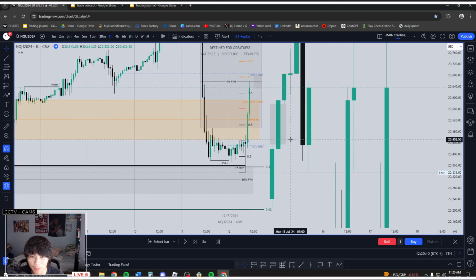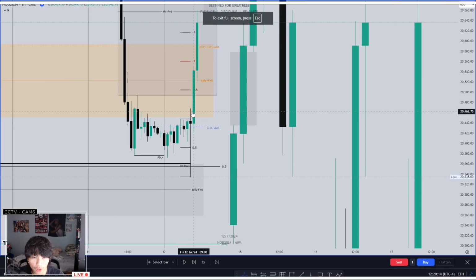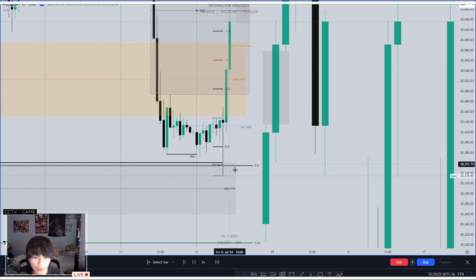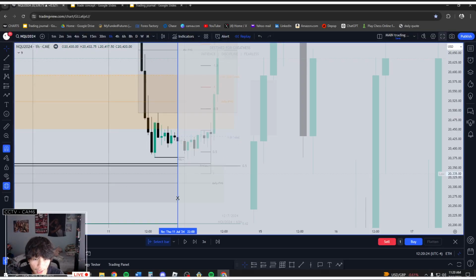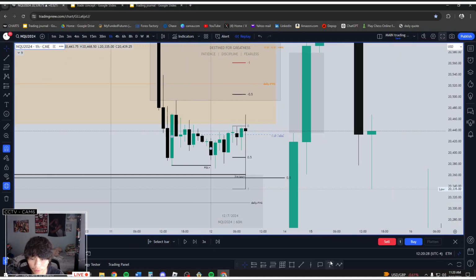But one tip I could say is just notice how this hourly candle closes after taking out July 4th's low, previous day low, and coming into equilibrium. This is the hourly candle I'm talking about right here. Notice how it closes.